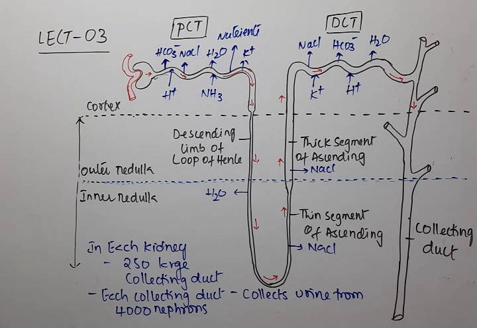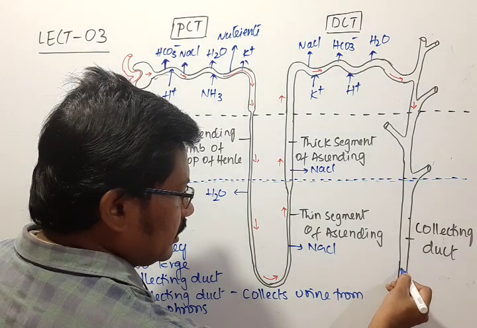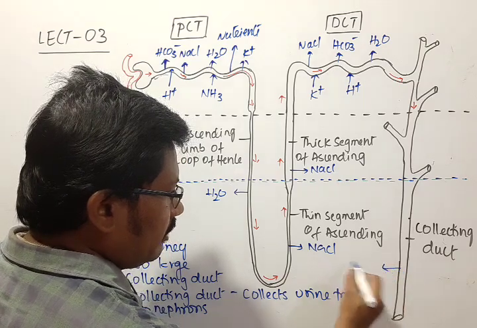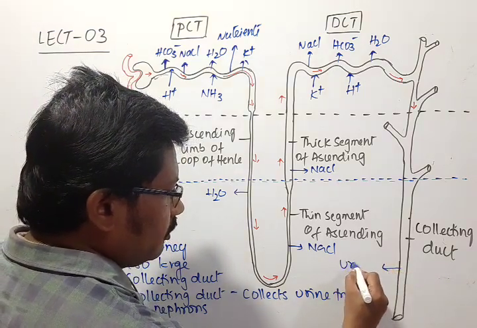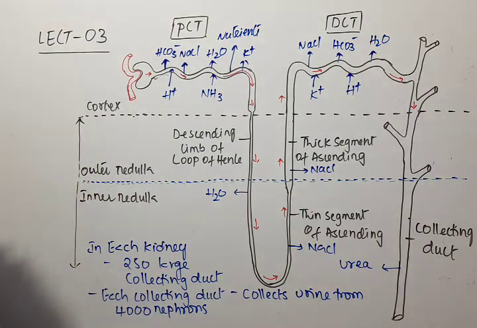Then coming to this collecting duct, from the collecting duct urea will be released into the interstitial fluid. Some of this urea will remain in the medullary interstitial fluid to maintain the osmolarity.